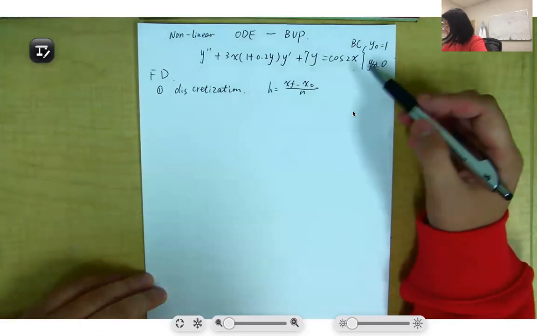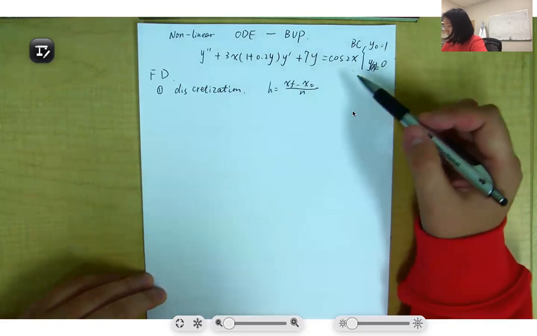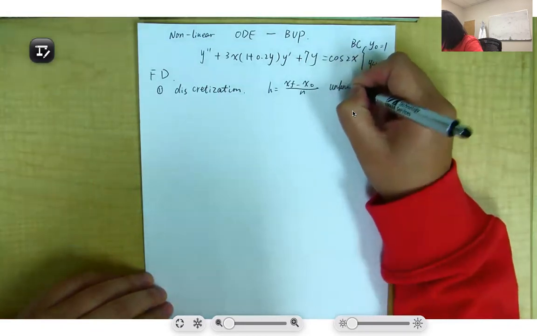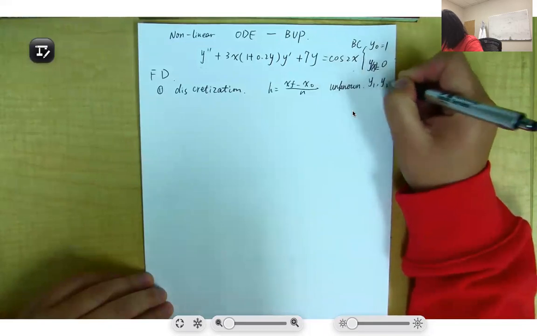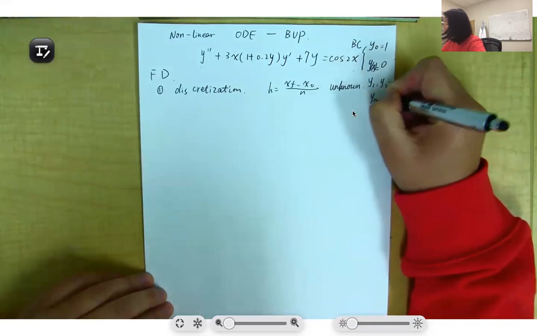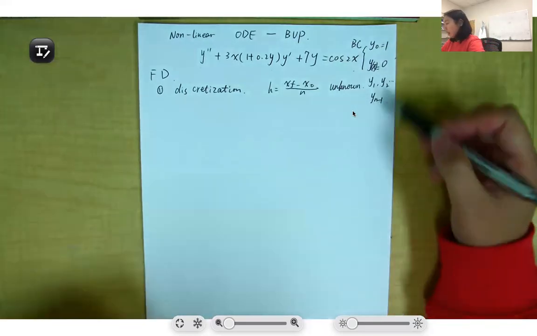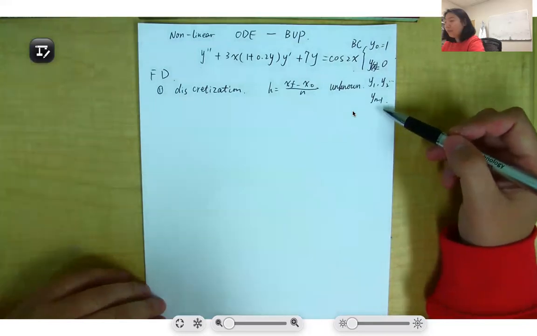Our x domain is from 0 to pi with n points. So our unknowns will be y1, y2 until yn minus 1, because y0 is known. So we have those unknowns y1 to yn minus 1, those finite nodes.